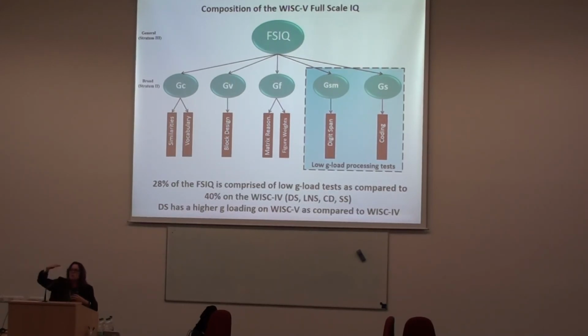So because they score higher on processing speed and memory as compared to the other abilities, their full-scale IQ may be a little higher than a full-scale IQ made up of only tests that have high G loadings, okay?